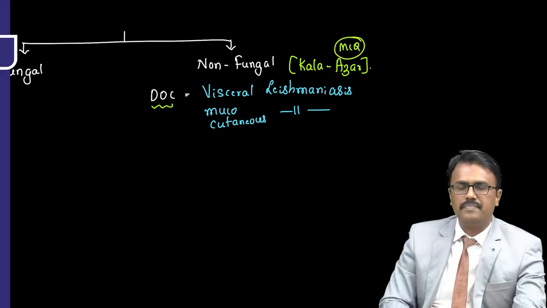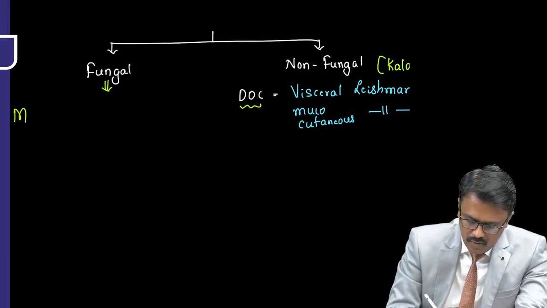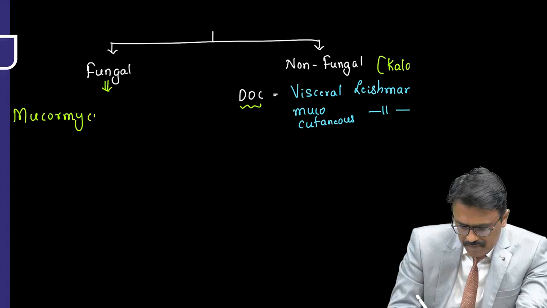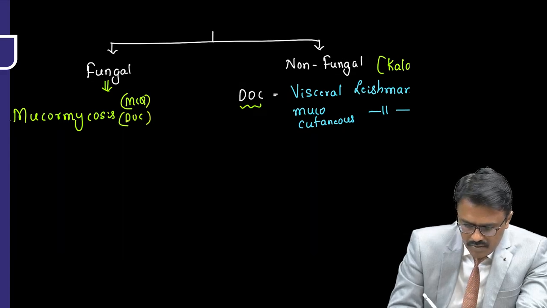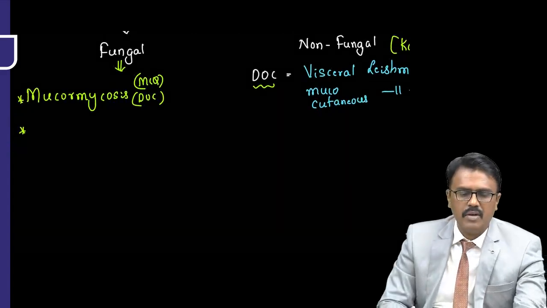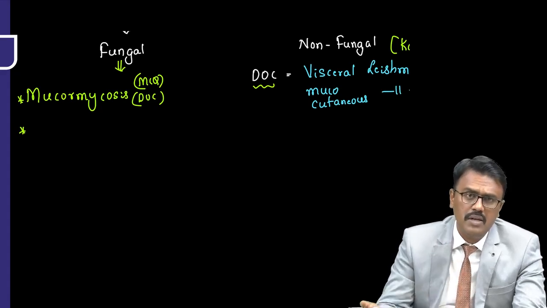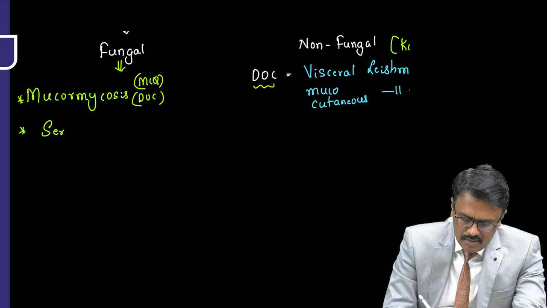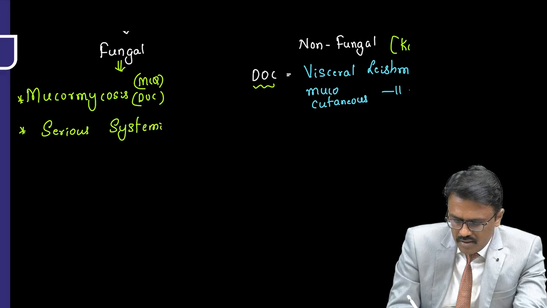Very important. Now coming to the fungal infection, there is one we all came across in the pandemic, mucormycosis. Here also the drug of choice is liposomal amphotericin B. Again, another question for you. Now, because of the side effects, and because we have so many newer, safer drugs available, it is reserved for serious systemic fungal infections.